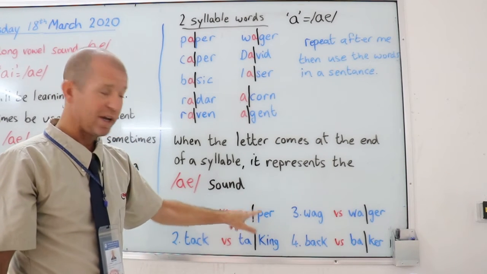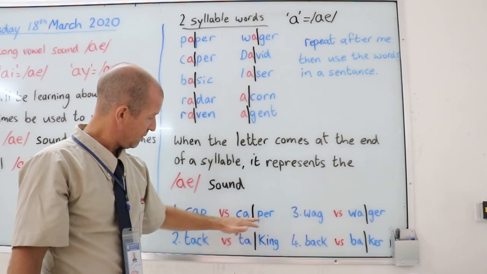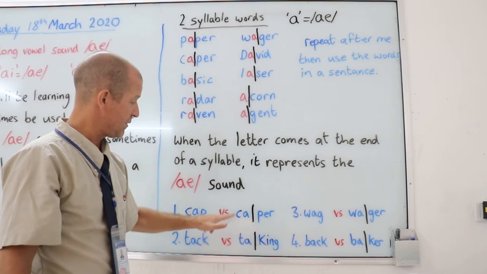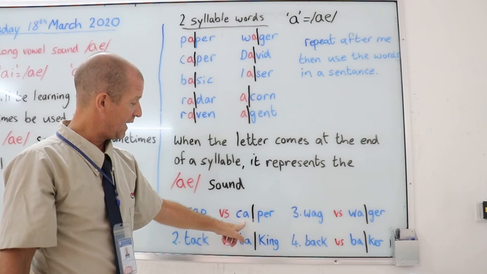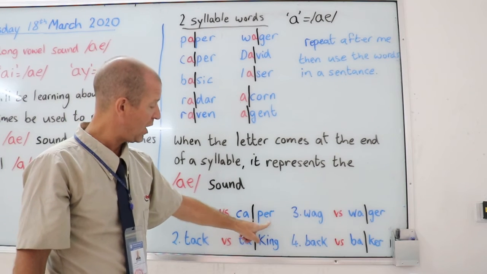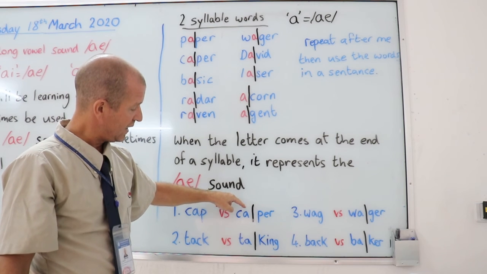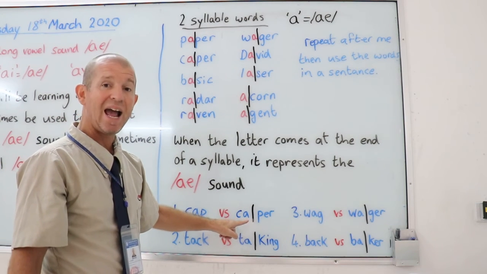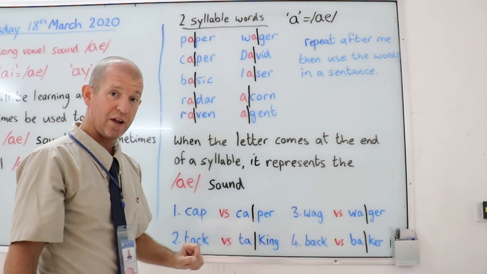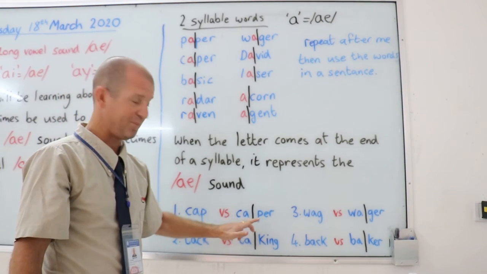Whereas now, we make a two-syllable word with cap at the beginning, but with the ER on the end, so it changes to two syllables. And now the first syllable is K, per. Because the A is the last letter in a syllable, it changes from an A sound to an A sound. So we have cap versus caper.